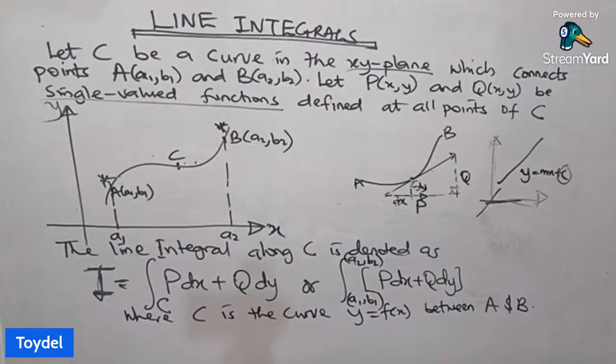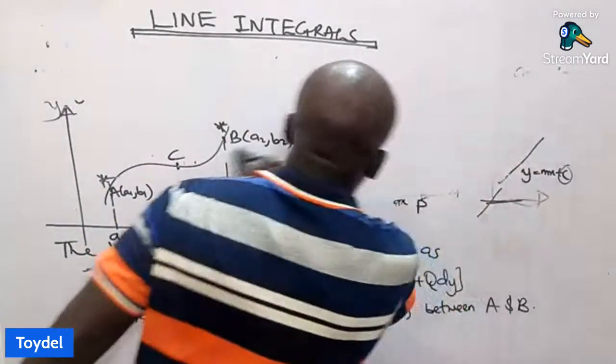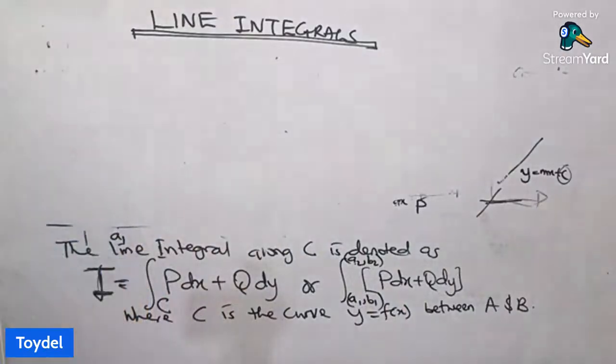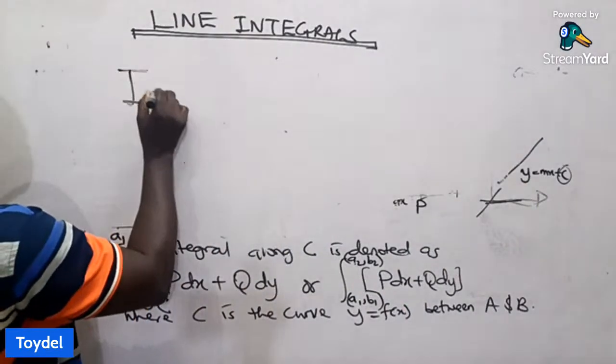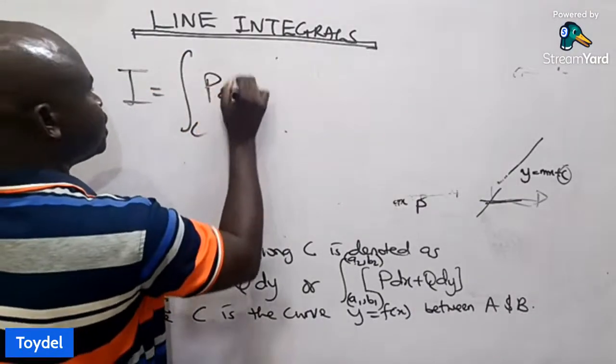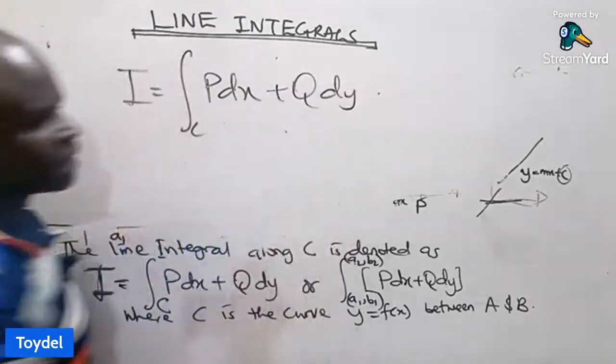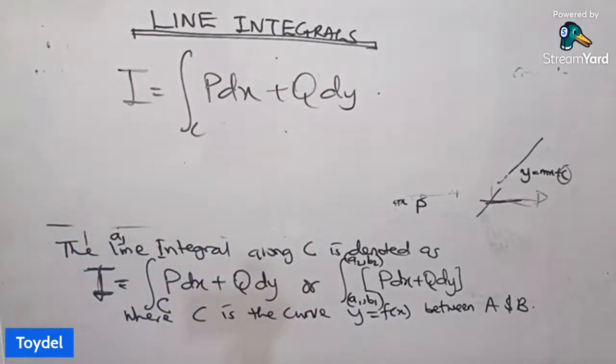We should take note of that. So the formula to find the line integral when we have an xy plane is the integral along C of P dx plus Q dy.